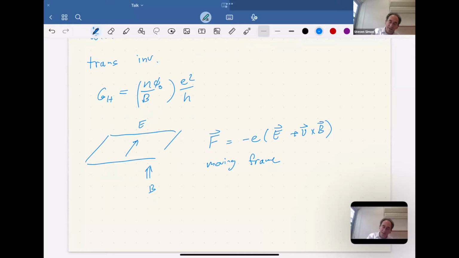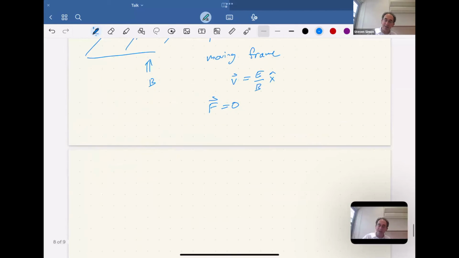E vector is E times y hat. And I switch to a moving frame where v is E over B times x hat, then the force on the particles is all zero. And it becomes a stationary state.